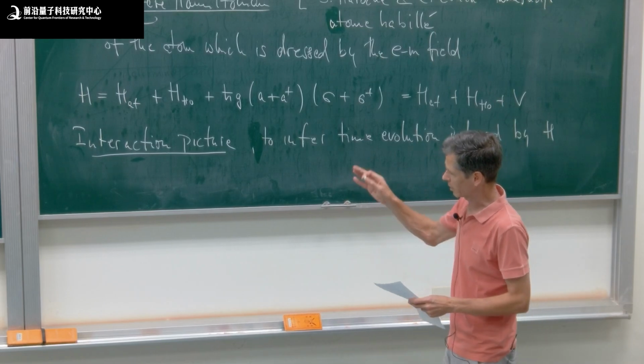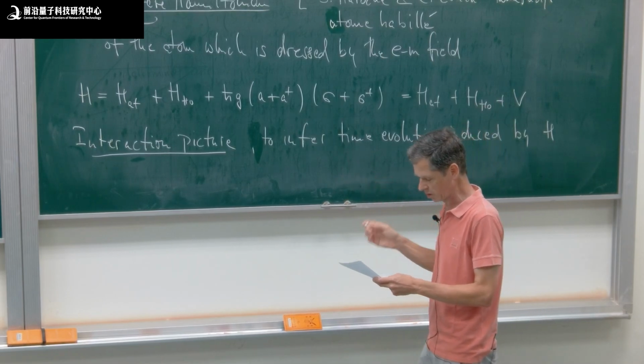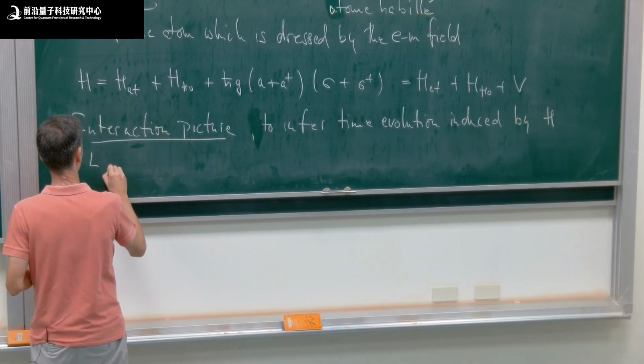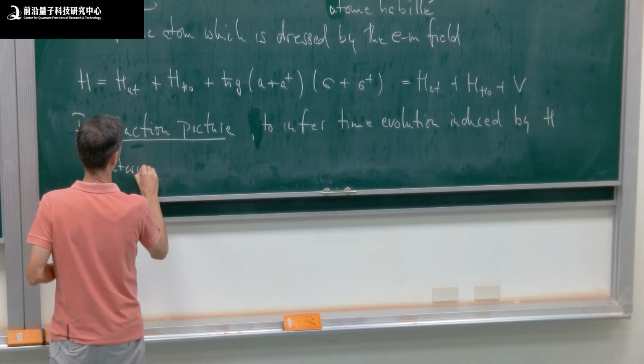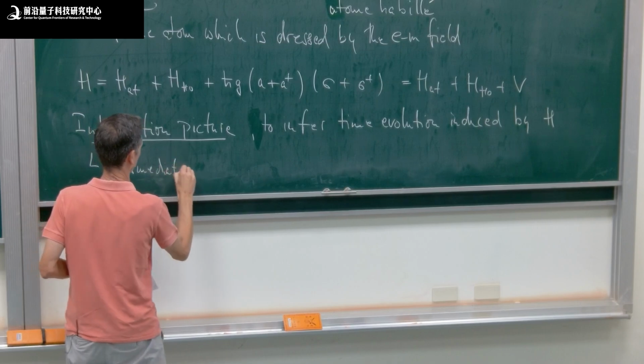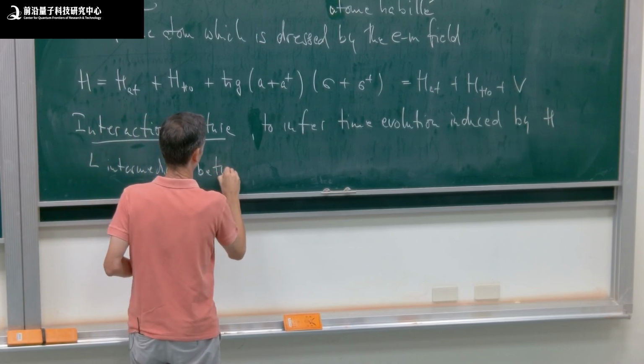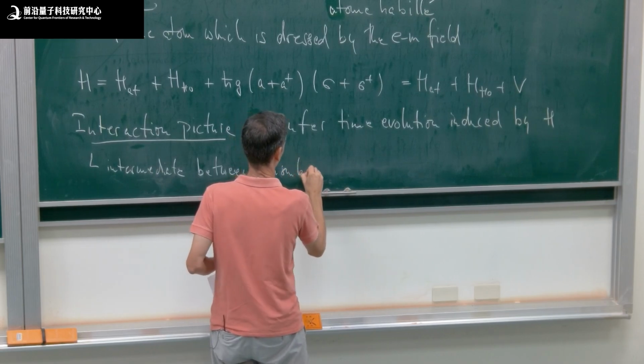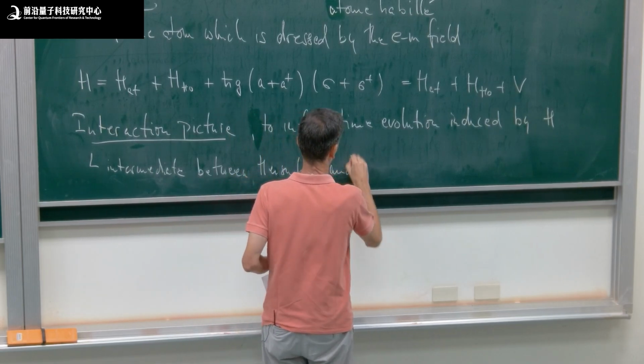And now the interaction picture is something intermediate between the Heisenberg and the Schrödinger picture.